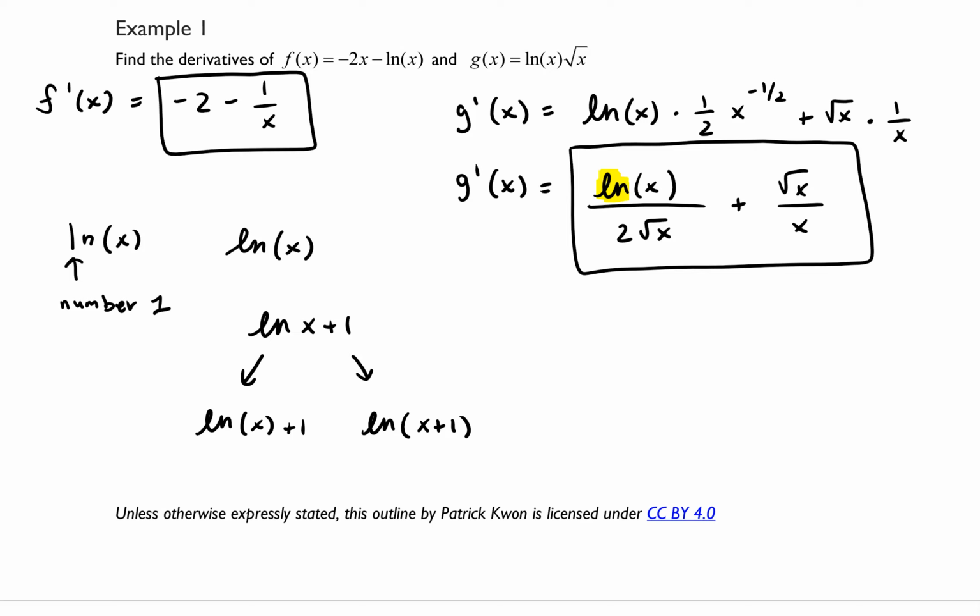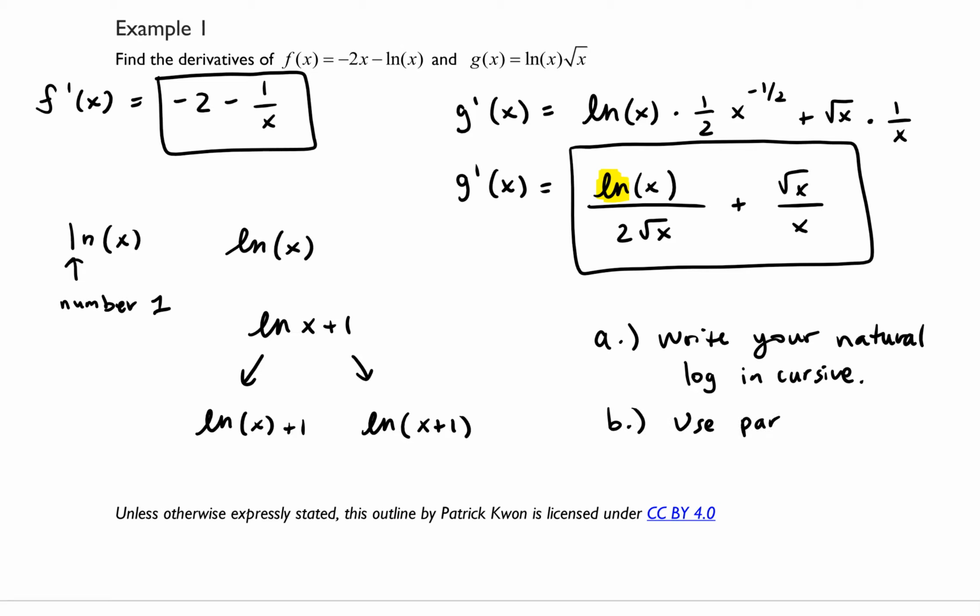And so I always recommend to my students, A, that you write your natural log in cursive, and B, use parentheses around your argument.